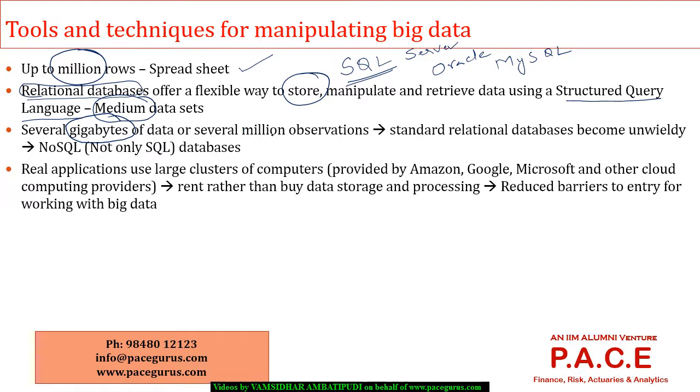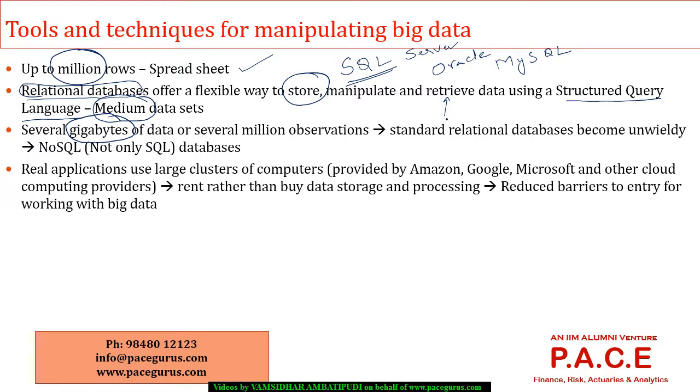We are talking about several millions or close to billions of observations, which means the standard relational databases that I have been talking about, even they become too huge. Even their capacity becomes very, very limited, which means the SQL, which I have been using to manipulate the data, will become more redundant now.